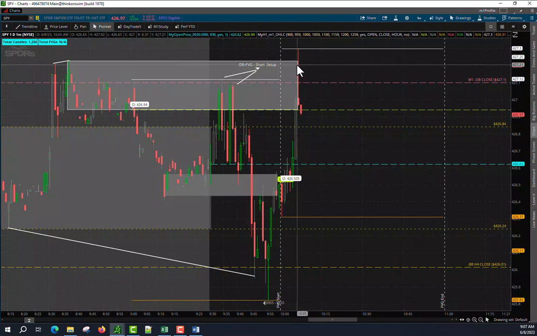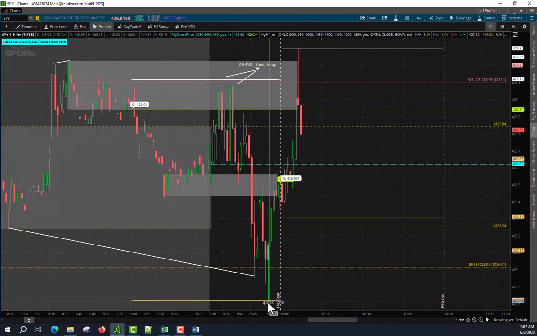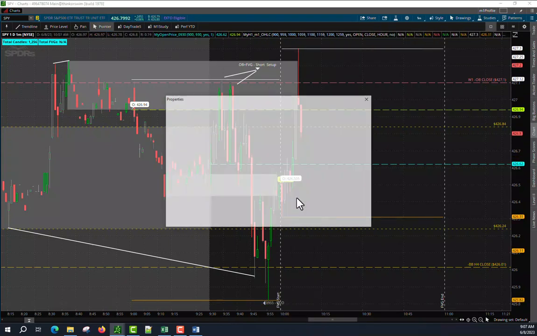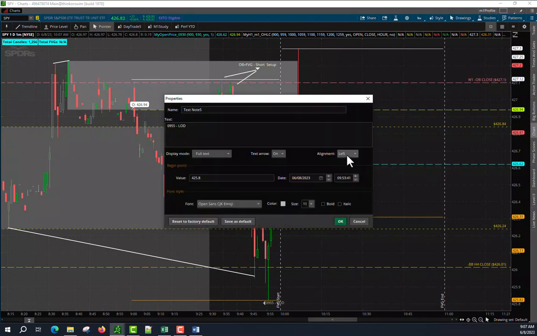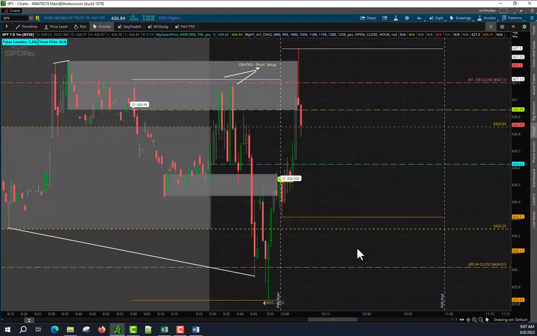Wow. You see? Oh man. So this one we do bottom. The position, the alignment is bottom. So yeah, right here.